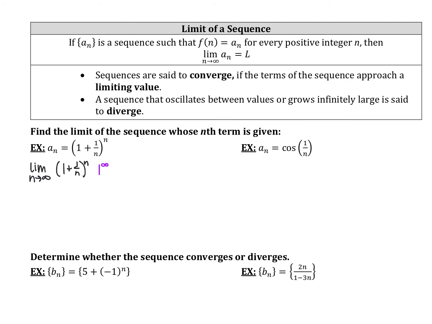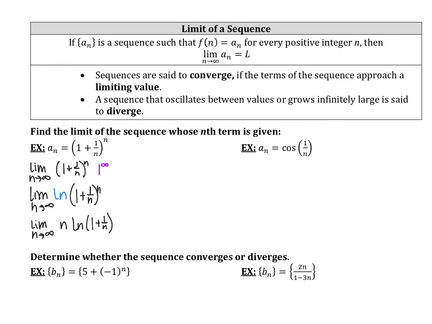So this is going to be the limit as n approaches infinity, and then I'm going to take the natural log of this expression of (1 plus 1 over n) raised to the n power so that I can use this natural log to bring the n down. And what that looks like is the limit as n approaches infinity of n times the natural log of 1 plus 1 over n.